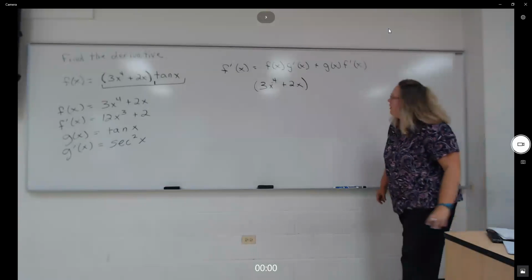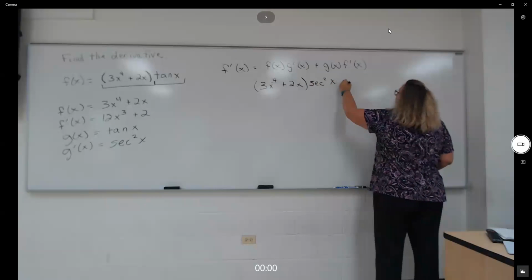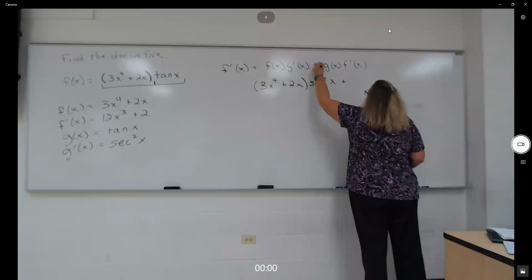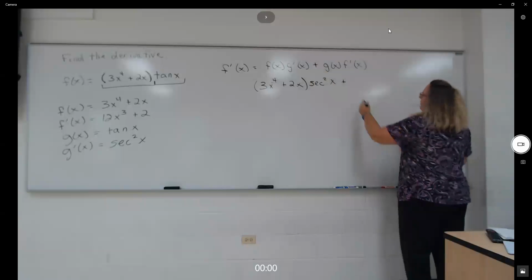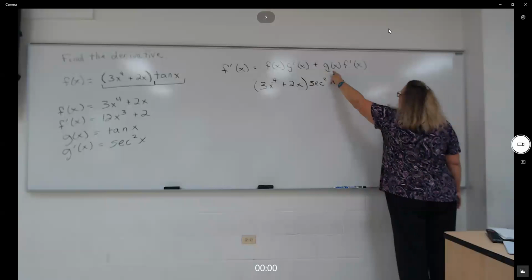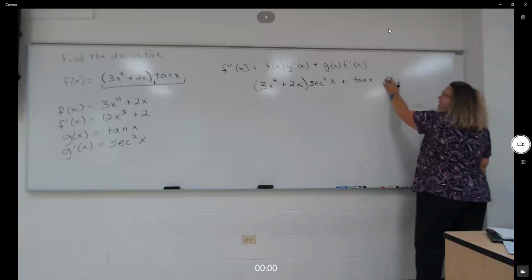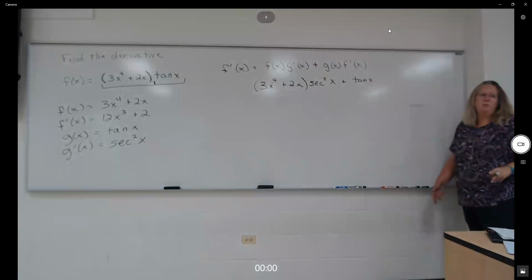And then the derivative is secant squared. And then plus g of x, which is tangent. Sometimes I do this when I know I just have a tangent. You can put that at the end, and then we really wouldn't even have to rewrite it.